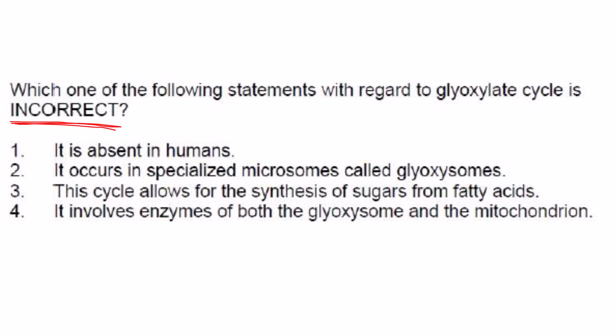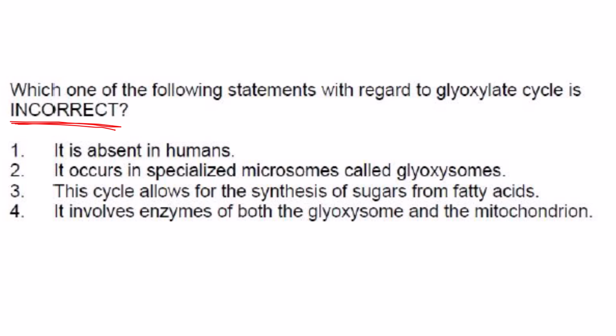Okay, it is glyoxysomes, not microsomes. It is peroxisomes and glyoxysomes. What are microsomes? They are membrane bound vesicles formed from endoplasmic reticulum when you lyse the cell during tissue homogenization. That time only these microsomes are formed. They are not present naturally.